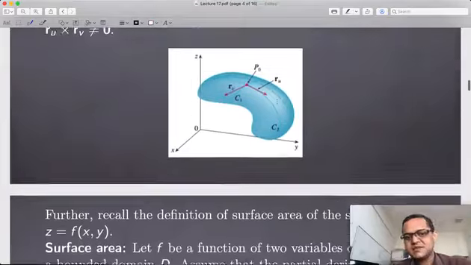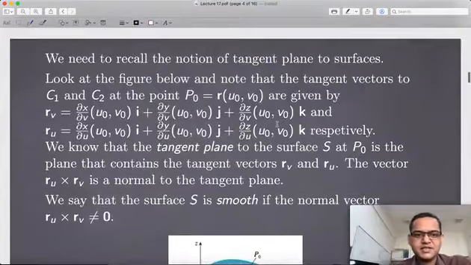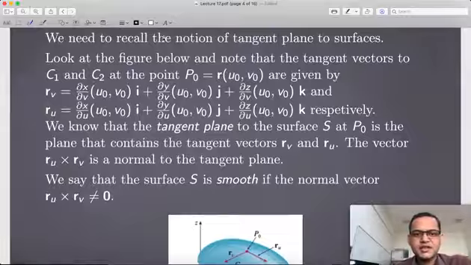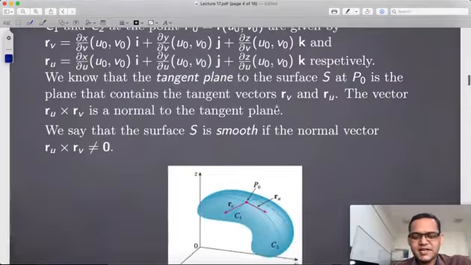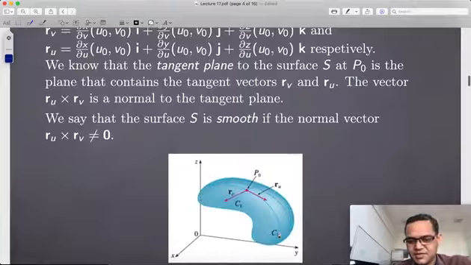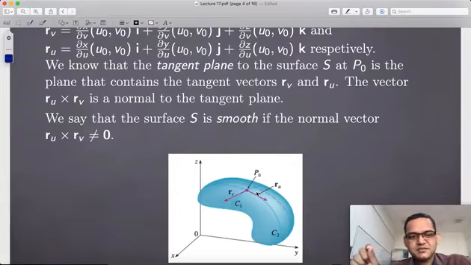Now the surface is given by the parametrization. Okay, so let me just go about it. We are going to look at the tangent plane. Look at this surface. Suppose this is the surface given by a parametric equation r(u, v), the one which we have been writing. Now we look at a point here, correct?